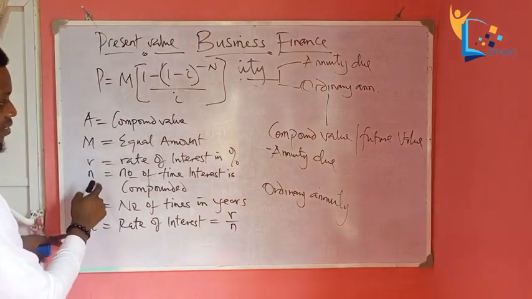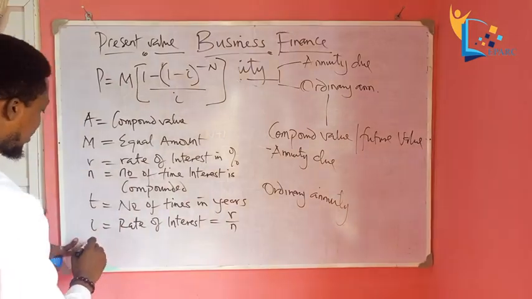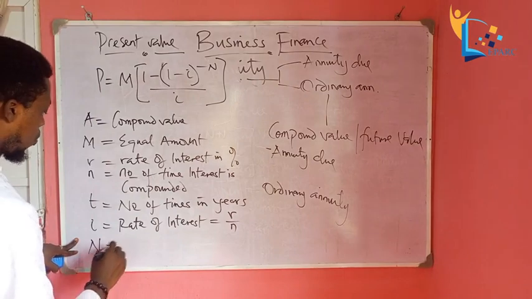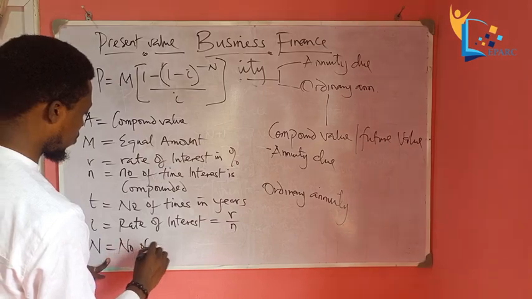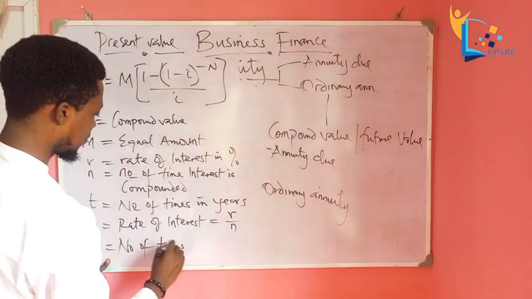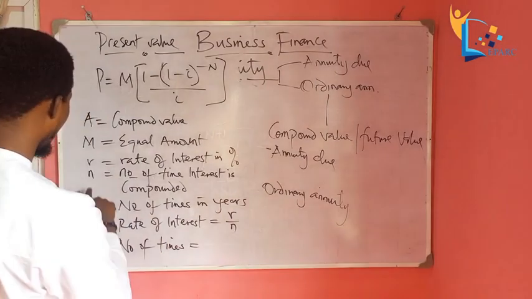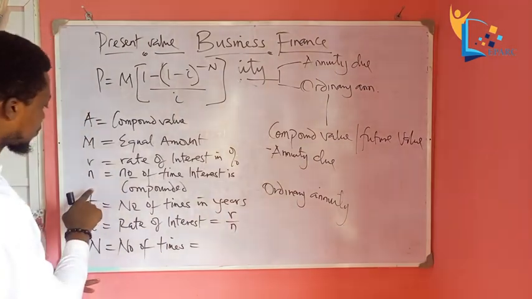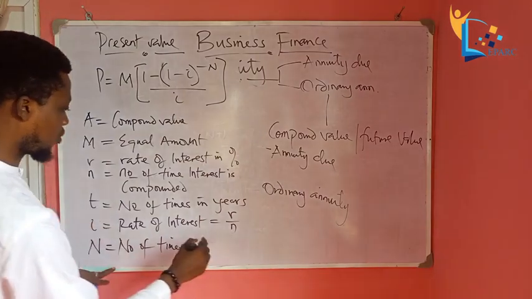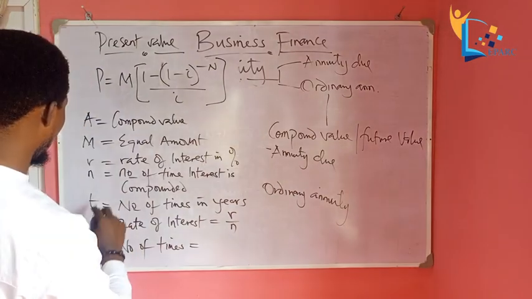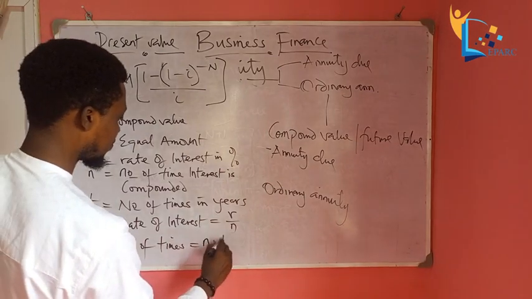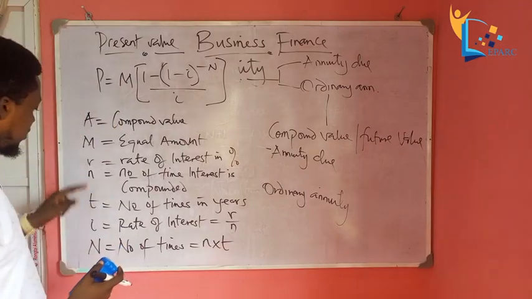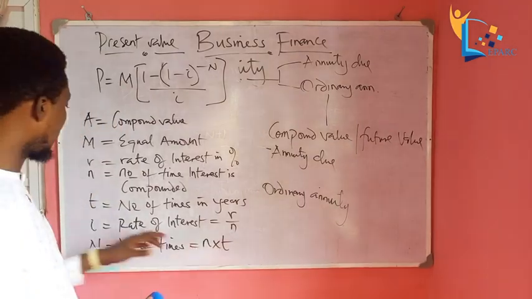This R over n will give us I. Then we have the big N, which is equal to the number of times, which will give us n times T.